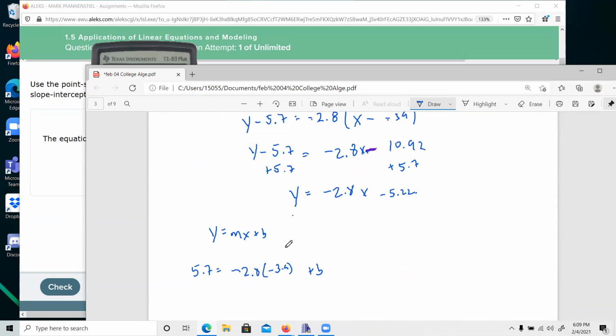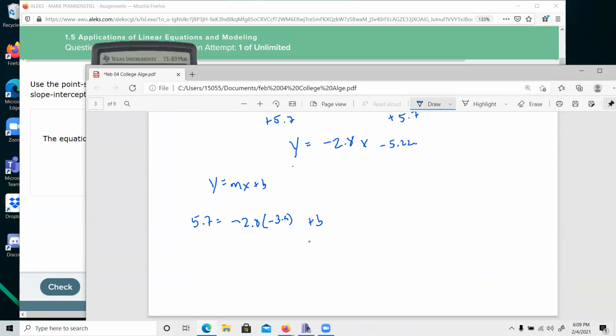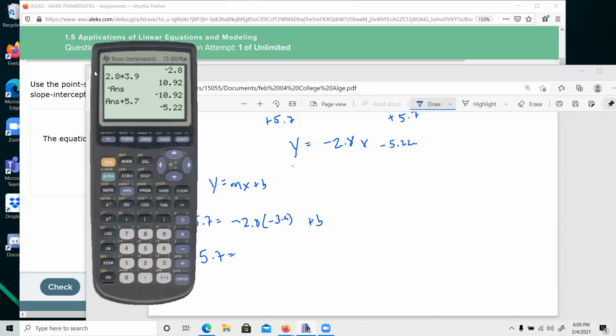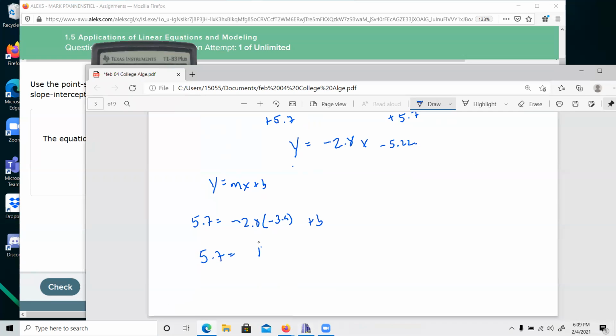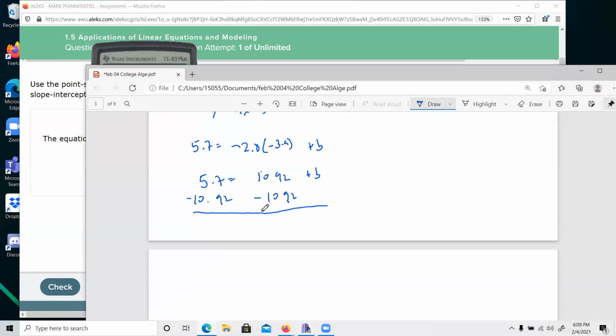All right, so here we go. If 5.7 is equal to, we're going to take 2.8 times 3.9. Okay, I think we've seen that number before, haven't we? And now we're going to subtract 10.92, and see what became of this thing.